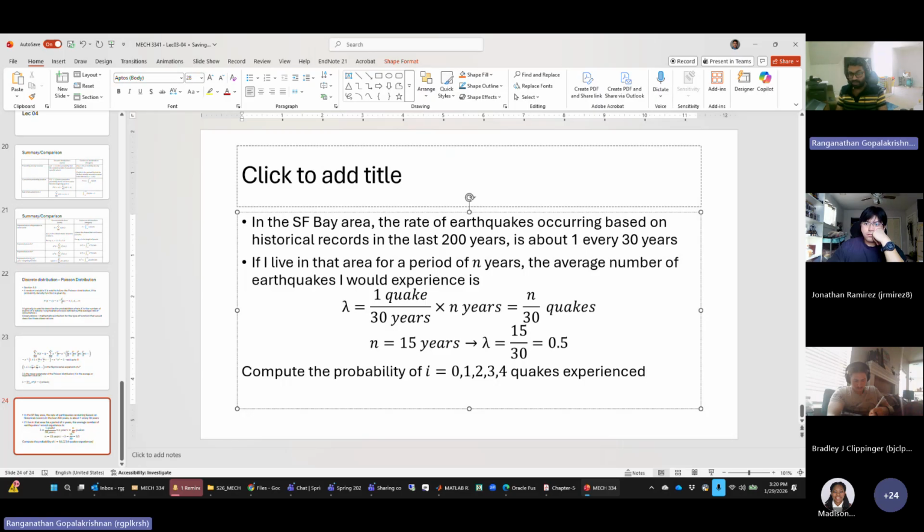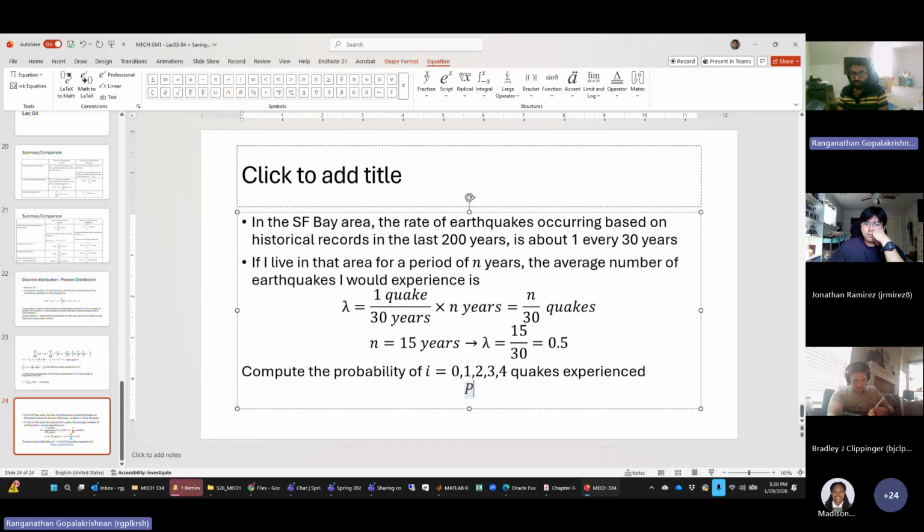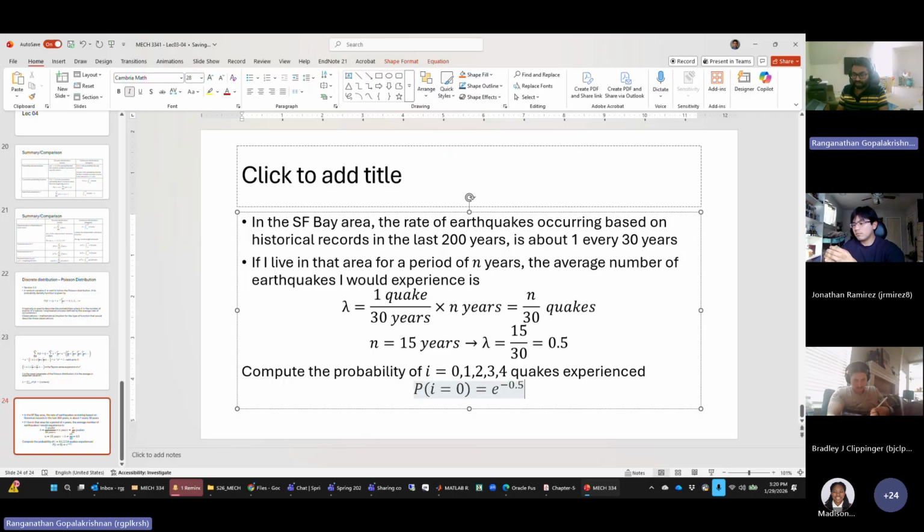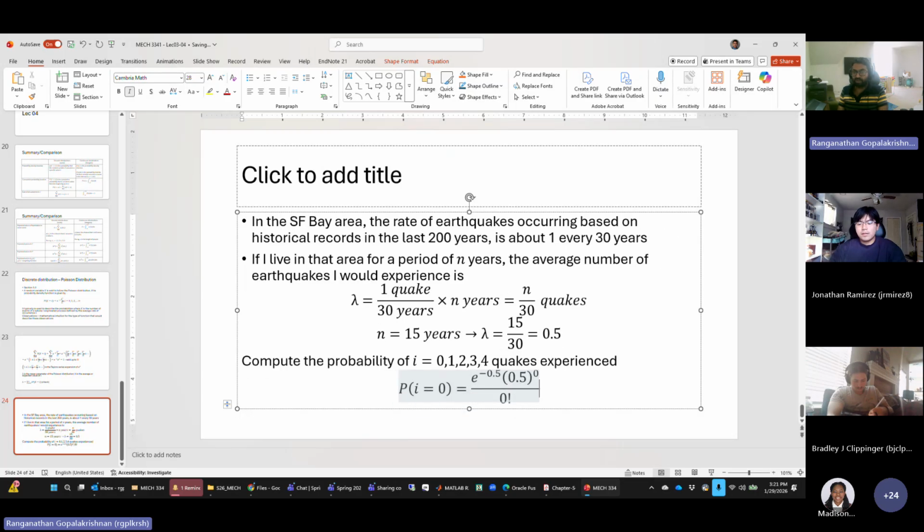This is where we put the formula to use and actually do the calculation. Probability of i equal to 0 is e power minus lambda, or e power minus half, times lambda power i, which is 0.5 power i, i being 0 in this case, divided by 0 factorial.